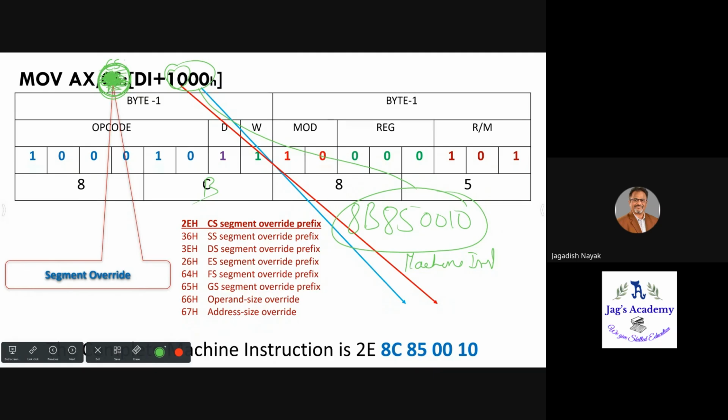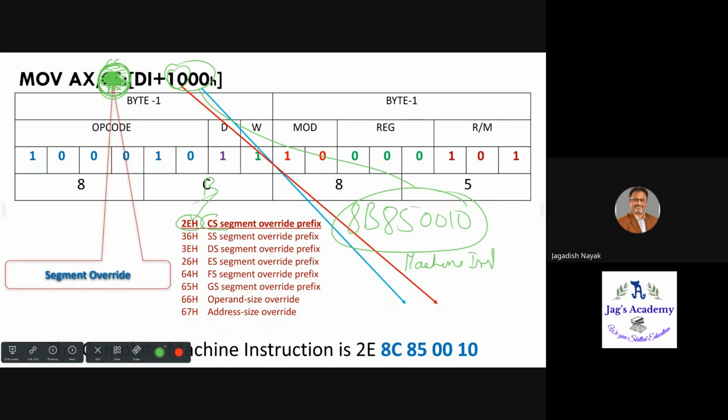Since you have put CS colon, data is forcefully taken from the code segment. That information of overriding you need to put in the machine instruction. Which segment register are you overriding? Code segment. The corresponding segment override prefix for the code segment register is 2EH.